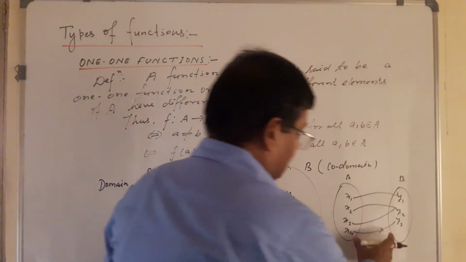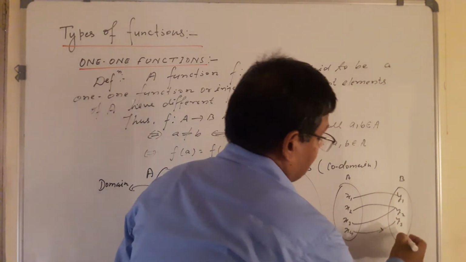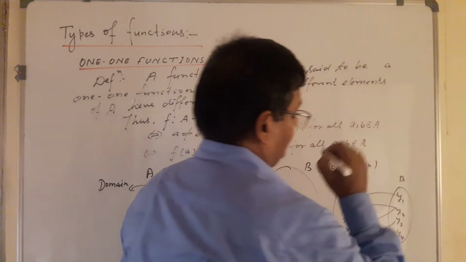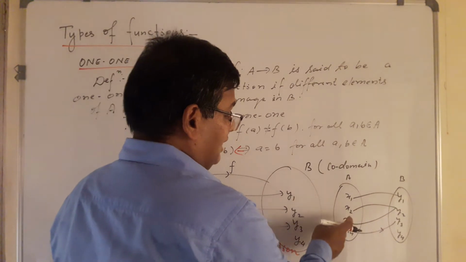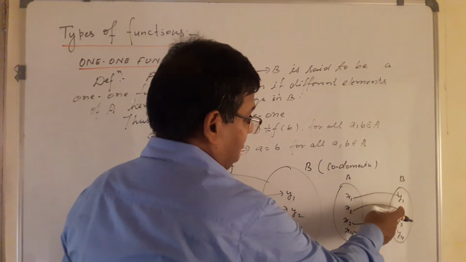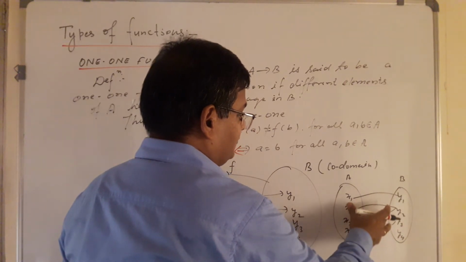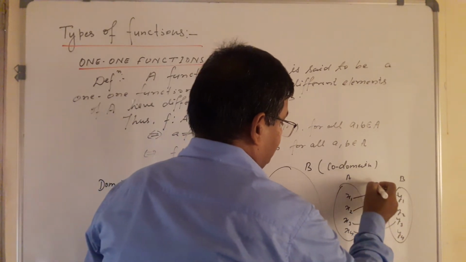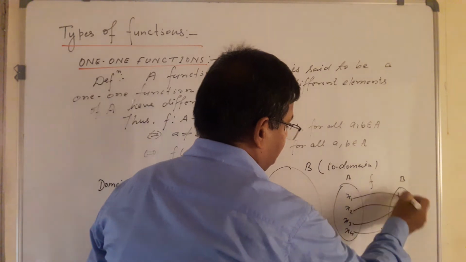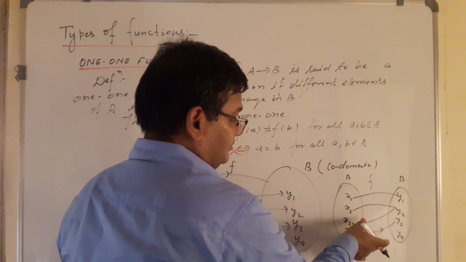So this function is not a one-one function. Here x2 and x3 have the same image in B, y2. That's why this function f from A to B is not one-one.